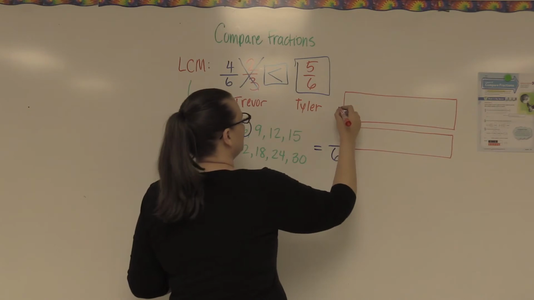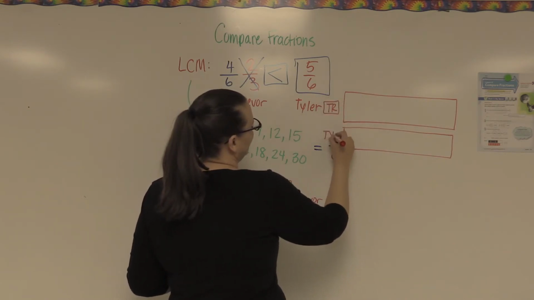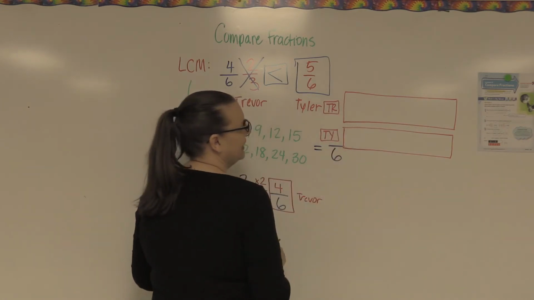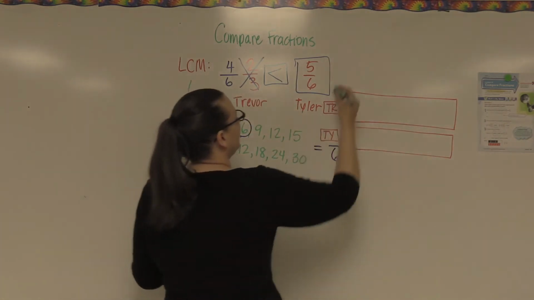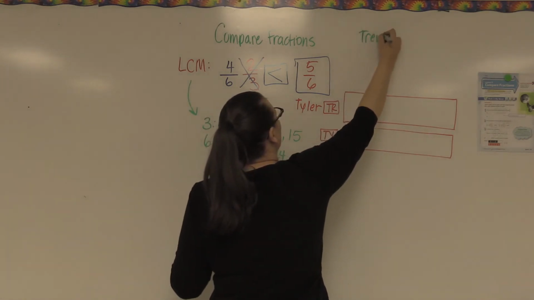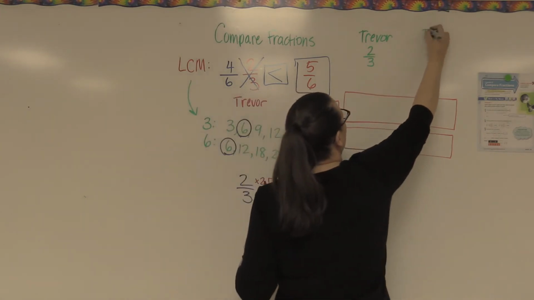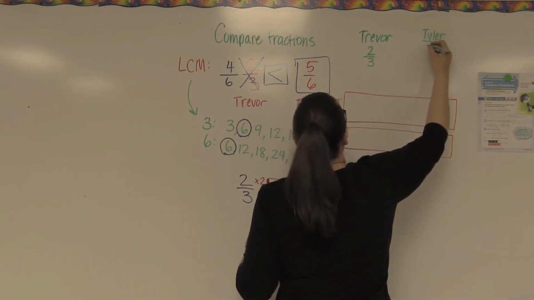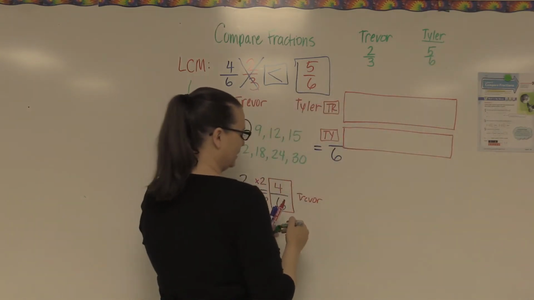So this is going to be Trevor. I'm going to call him TR. And this is going to be Tyler. We're going to call him TY. Now, we go back to our original fractions, where Trevor was 2/3 and Tyler was 5/6, and we're going to use that to help us show it on the fraction bar.